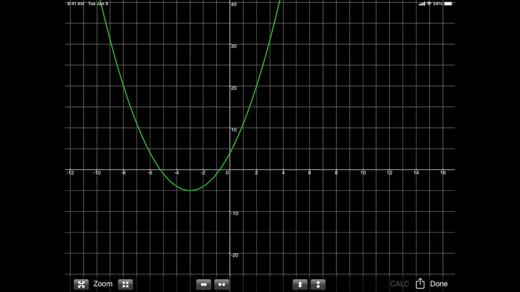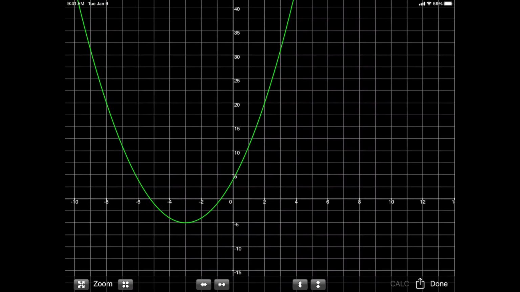Okay, so a couple of things that I just want to point out here. If you click and move it, you'll notice that it's near. And the nice thing about this one is it says 0. That is where it crosses the x-axis, so negative 0.76 and negative 5.23.